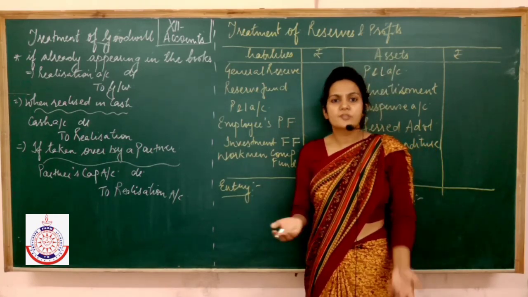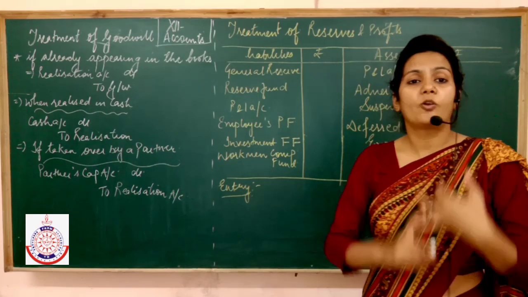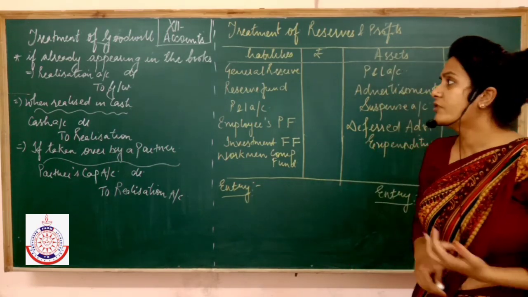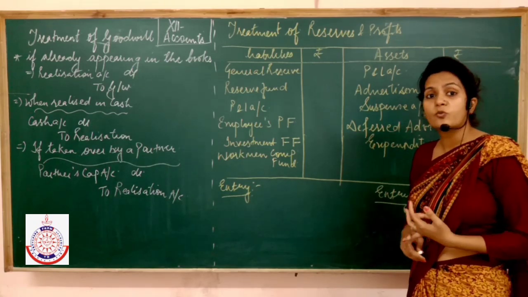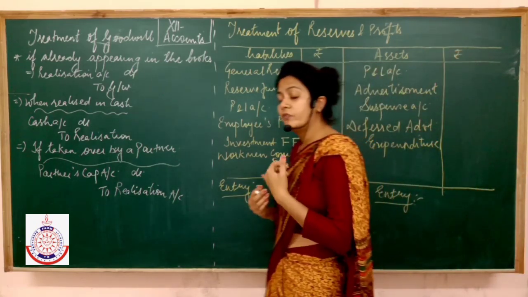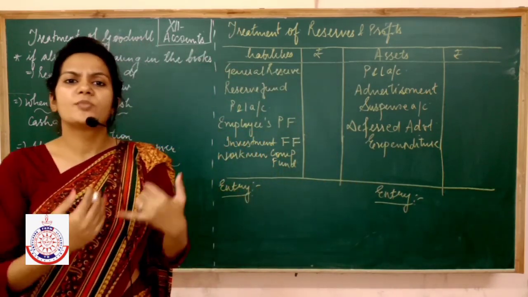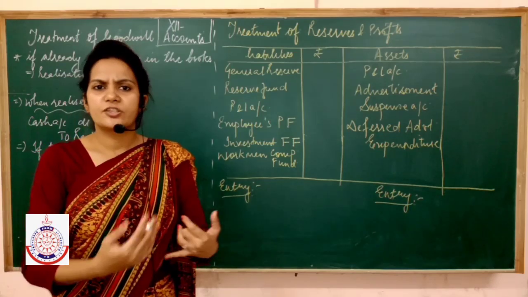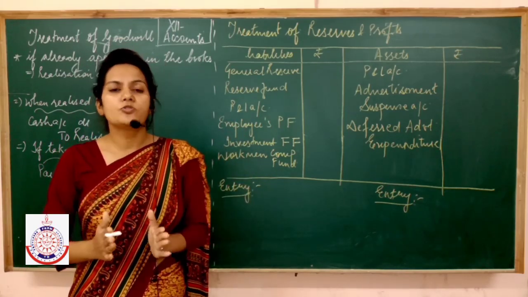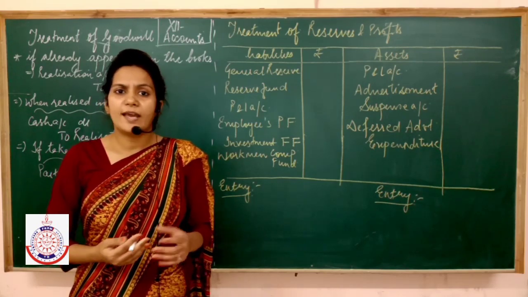You'll be surprised to know that you have done so many concepts in admission, retirement and death, but the accounting treatment of goodwill, which is the most complicated topic I should say, is very easy. Goodwill will be treated just like other assets, like plant, machinery, furniture and fixtures. The way we treat other assets, the same way we are going to treat goodwill, because goodwill is actually an intangible asset.